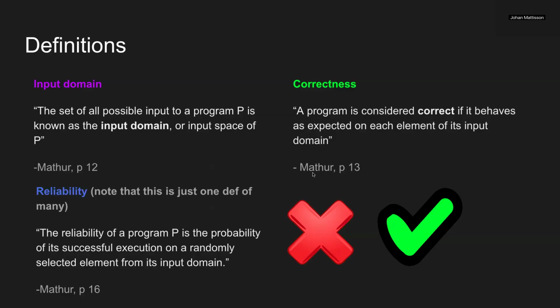So definitions. Input domain: the set of all possible inputs to a program P is known as the input domain or input space of P. That sounded exceptionally formal. If we take the add function, for example, you have two integer variables. Both of them can be any of the integers available in the system, right? Any input value.